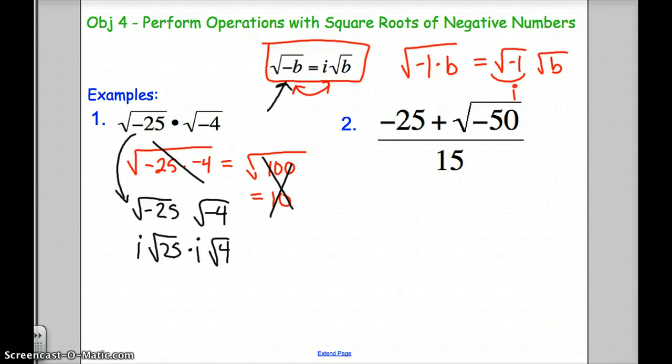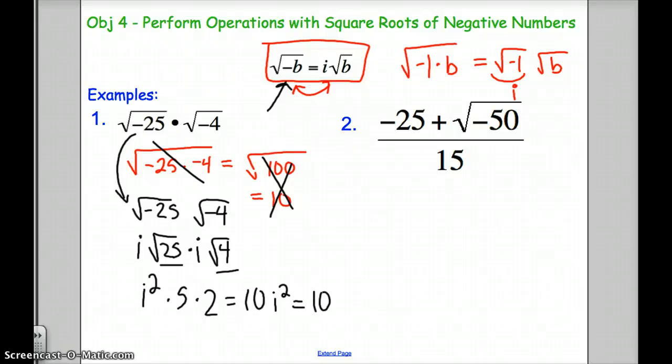And if this is all multiplied here, it looks like we have i squared times 5 times 2, which is just 10i squared. Now remember, we learned i squared is a number. It's negative 1. So 10 times i squared is 10 times negative 1, which is equal to negative 10.